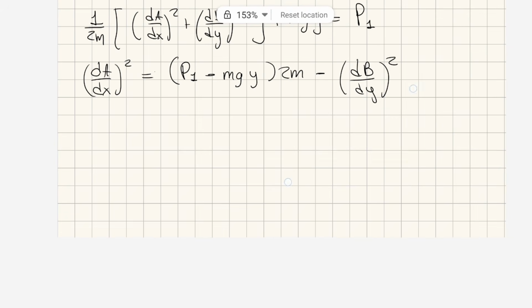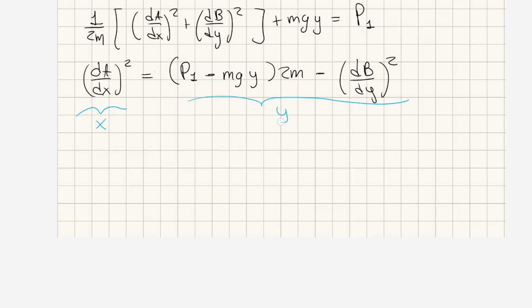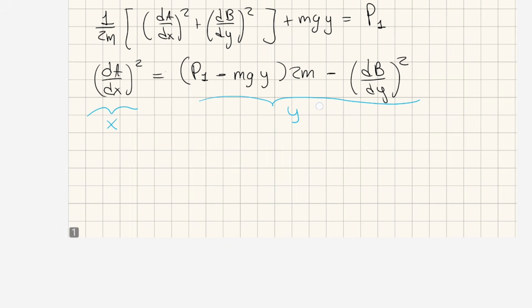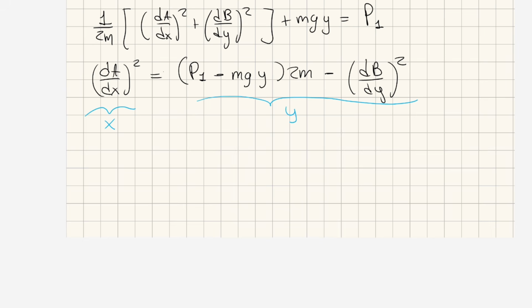And with the same explanation that we gave before, this is only a function of x and this is only a function of y. So if we have two functions of different variables on both sides of the equation, that means that they need to be equal to a constant.